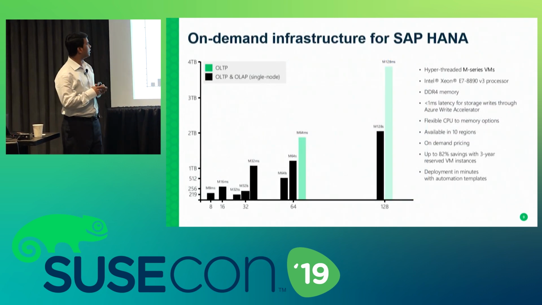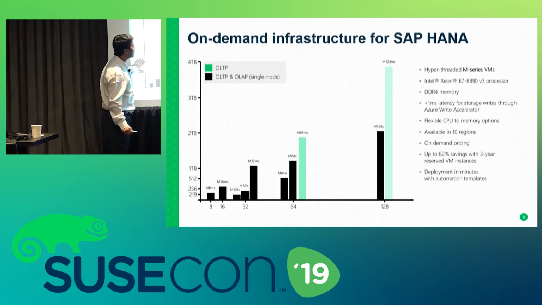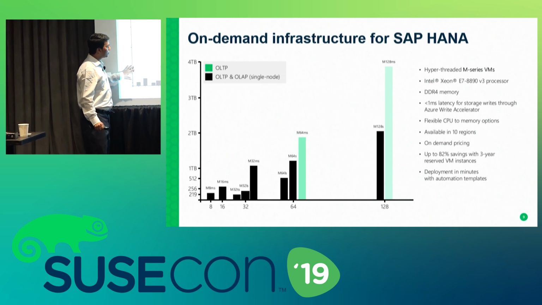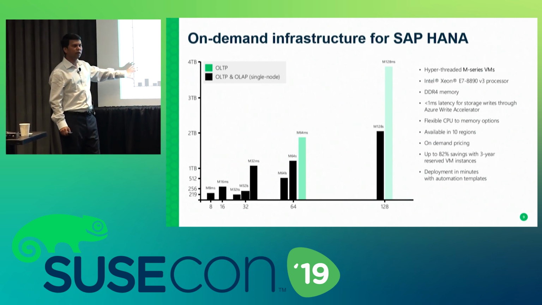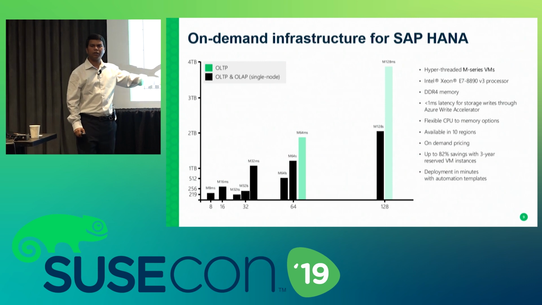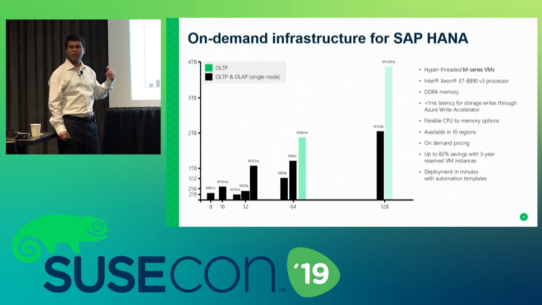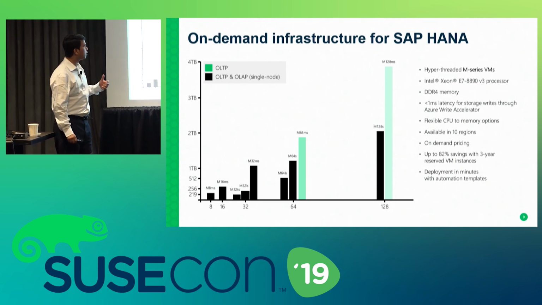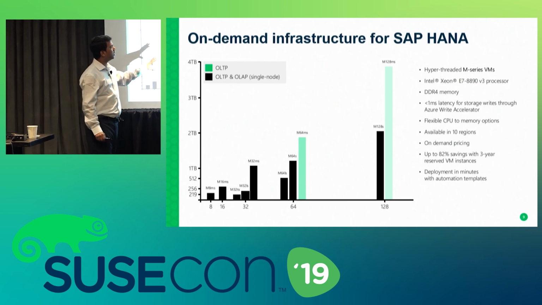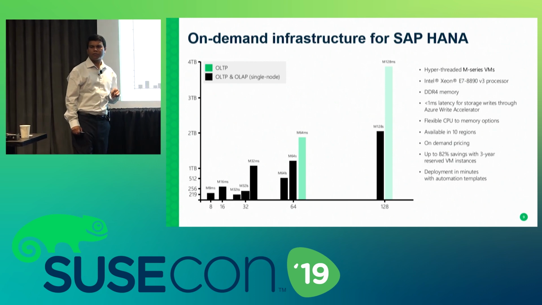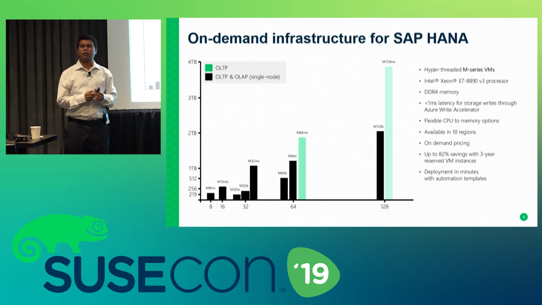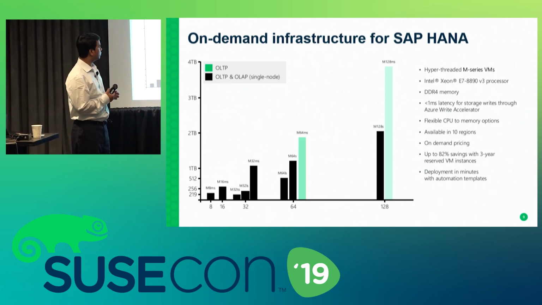All right, so let's see that on the on-demand infrastructure. Let's double click. I'm just giving you the example of the M series, which is the latest series, but you have other options like DS and GS5 and others. The M series are hyper-threaded machines, and these are running on the Haswell processor.